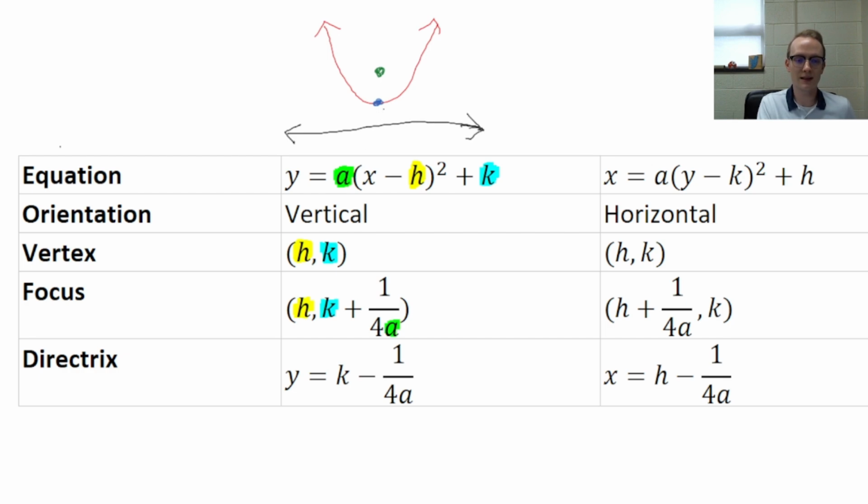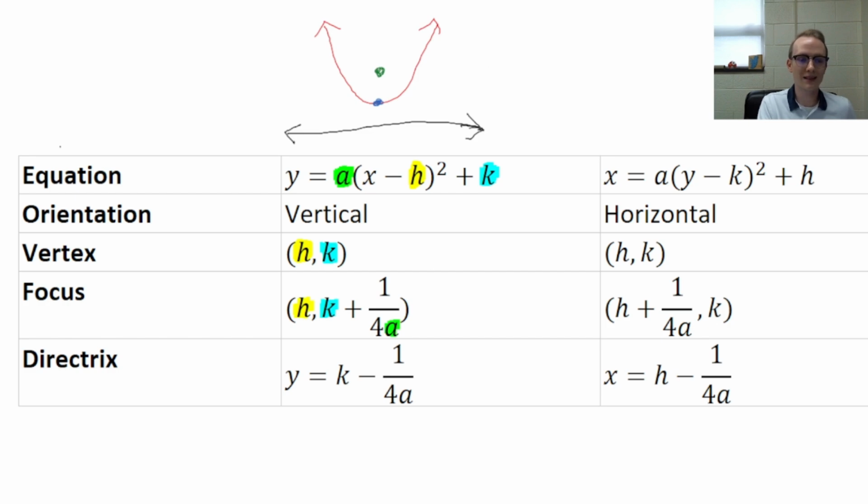This vertex is exactly in the middle of the focus and the directrix. So if this distance right here is 1 over 4a, then this distance here also needs to be 1 over 4a, because it's in the middle of those two things.